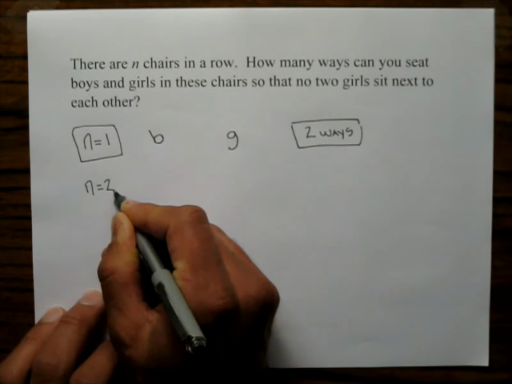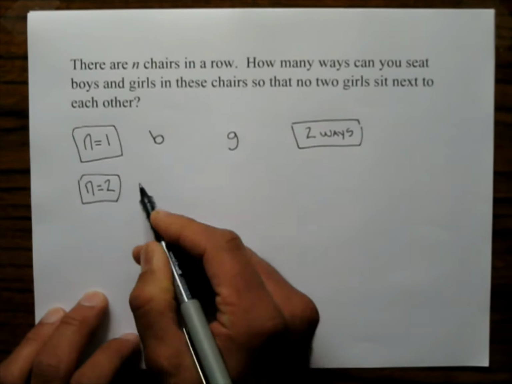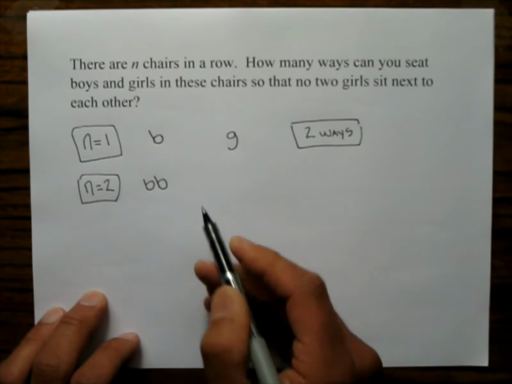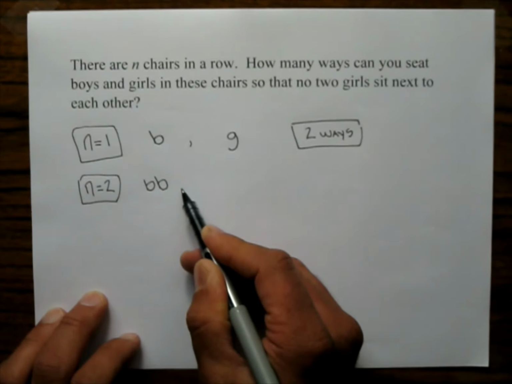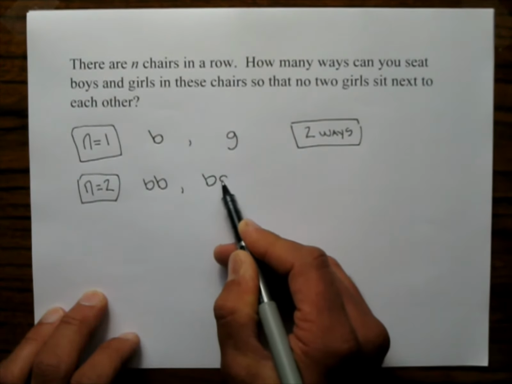When n equals 2, that means there's two chairs. You can seat boy, boy, there's one way. Maybe I'll put commas between these. You can do boy here and a girl there.